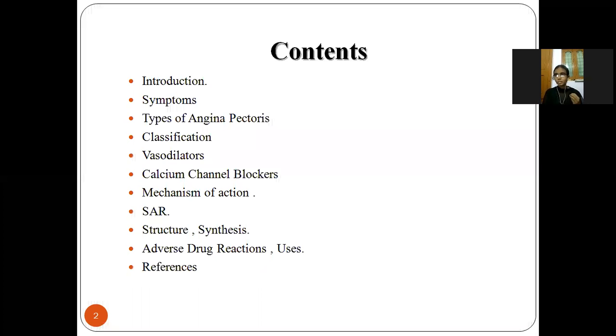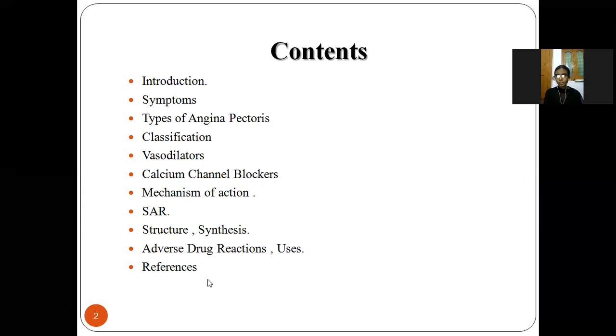And in this we will discuss the introduction, meaning what angina pectoris is and what symptoms the person will suffer, the types of angina pectoris, and the classification, meaning the drugs used in the treatment of angina pectoris, and the use of vasodilators and calcium channel blockers in anti-anginal agents, and the mechanism of action, meaning how the drug works to reduce angina in our body.